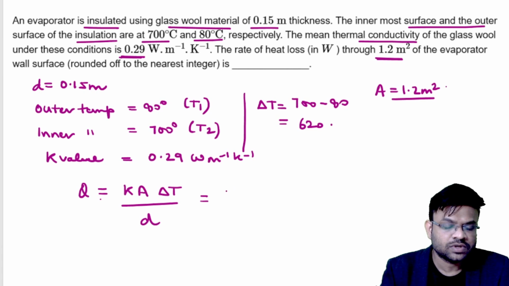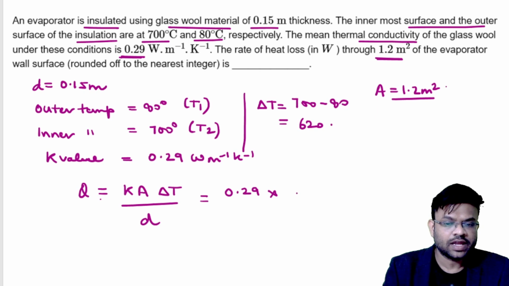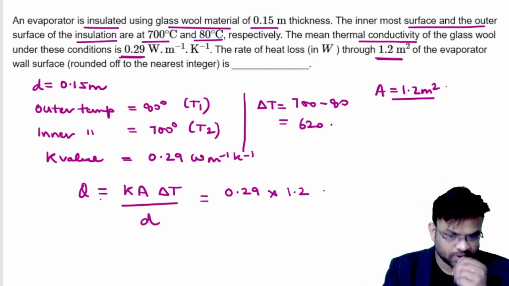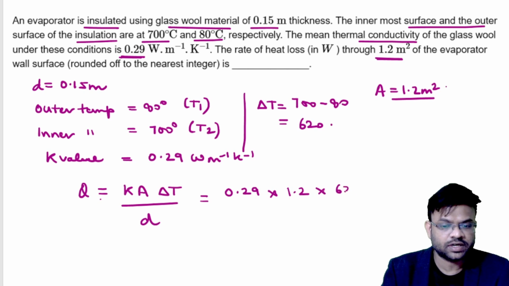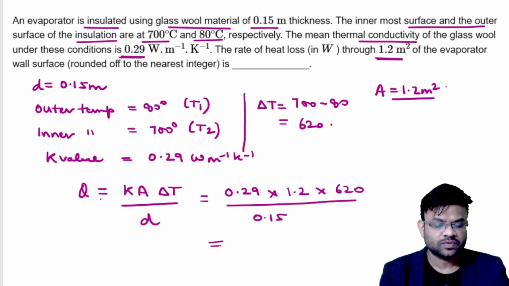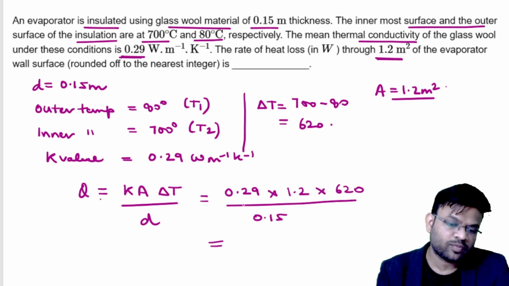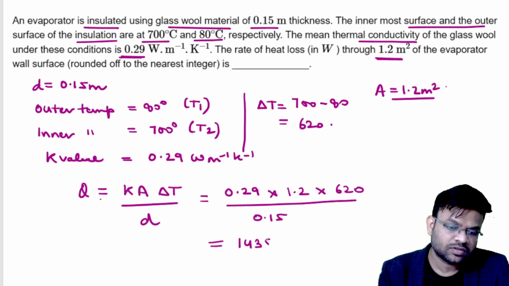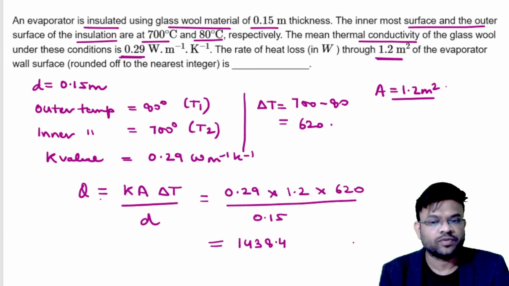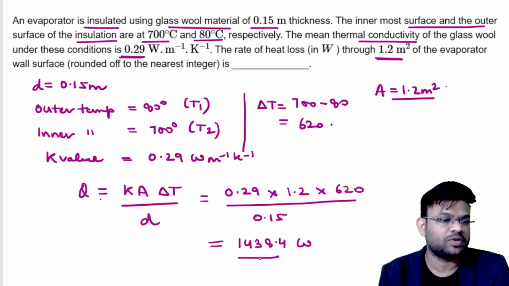K is equal to 0.29 into A value is equal to 1.2 into delta T value is equal to 620 divided by D value is equal to 0.15. Now if I'm solving this, what I'm getting is 1438.4, so this would be the heat loss in watt. Okay, this would be the final value, 1438.4 would be getting.